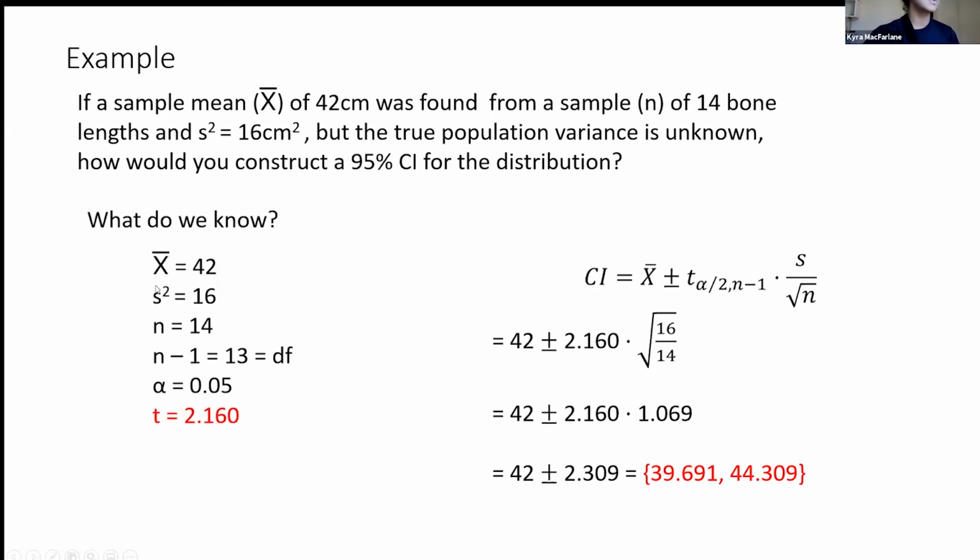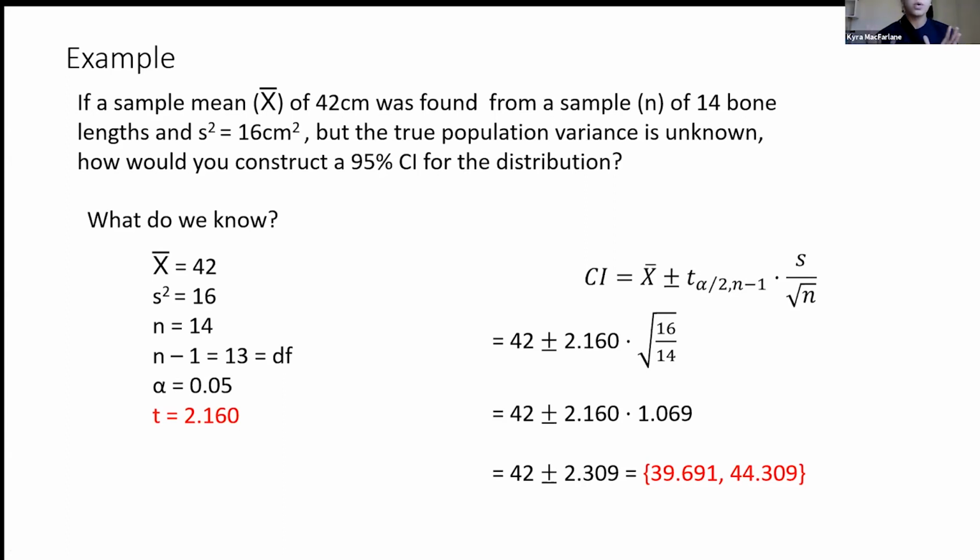Well, what do we know? We know our mean, our variance, our sample size, our degrees of freedom, alpha, and therefore we can look up our t-crit on the table. If we go to degrees of freedom for 13 on the left side and then across for alpha 0.05, or actually, because this is something called a two-tailed problem, which means we need alpha in both sides.